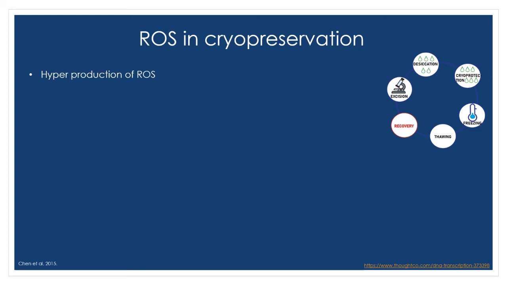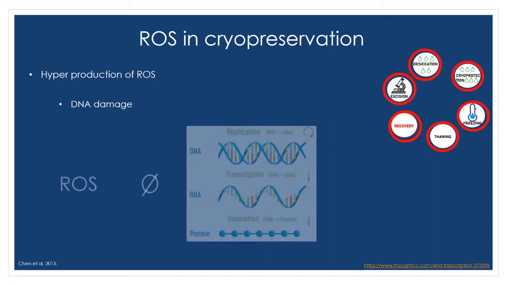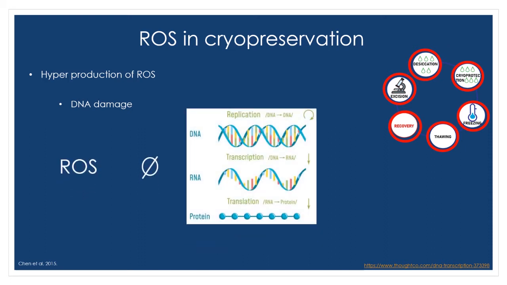Hyperproduction of ROS molecules can lead to DNA damage. This is bad because when there is DNA damage, normal processes such as replication, transcription, and translation into protein are affected and cannot happen like in normal cells.